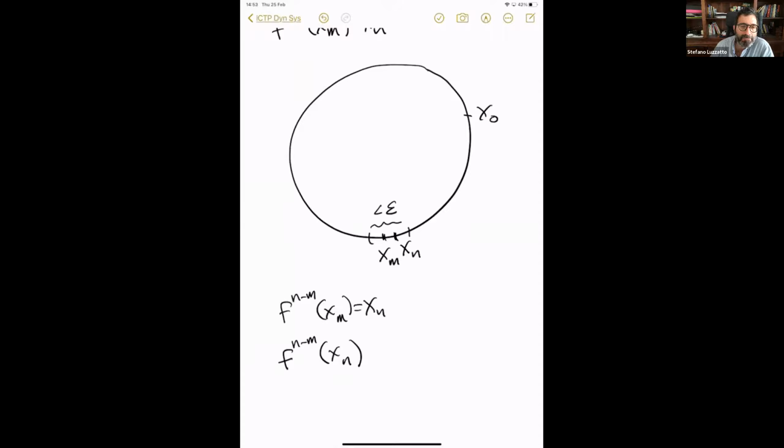Where will that be in the circle? Can it be here?